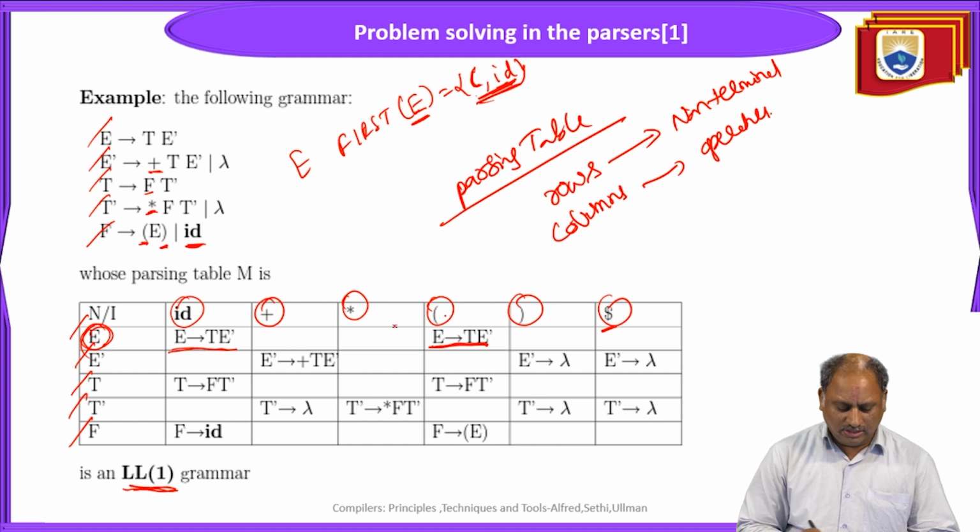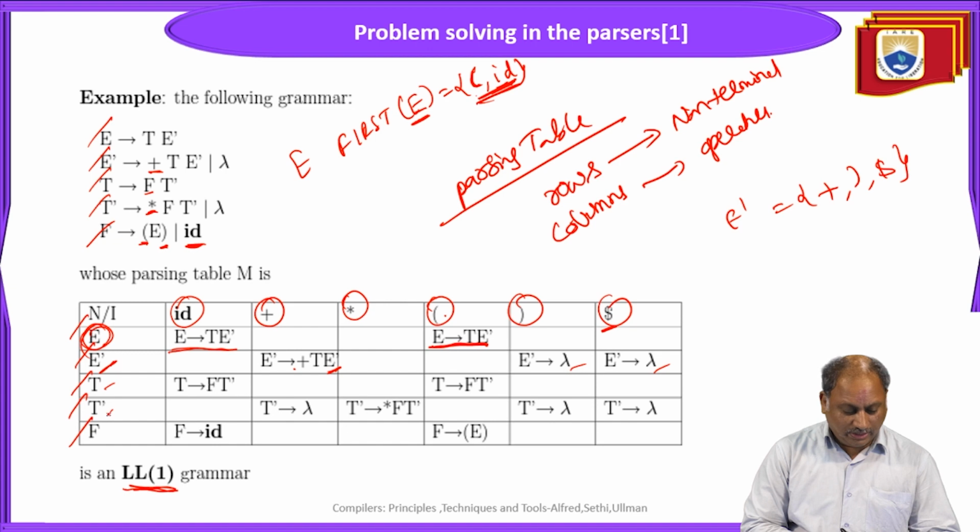And for E dash also we observe the functions for the given grammar. We are going to get plus T E dash, followed by right parenthesis and dollar. So we write E dash with the string derivation for this.